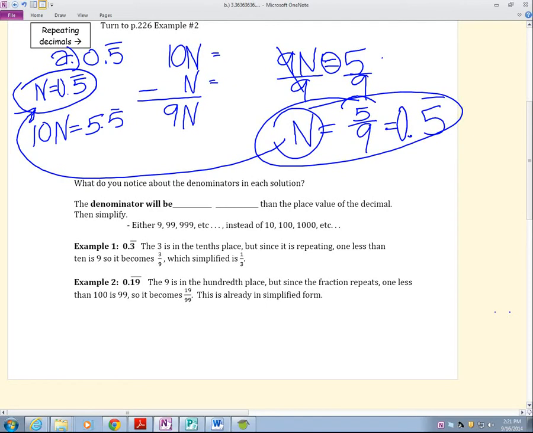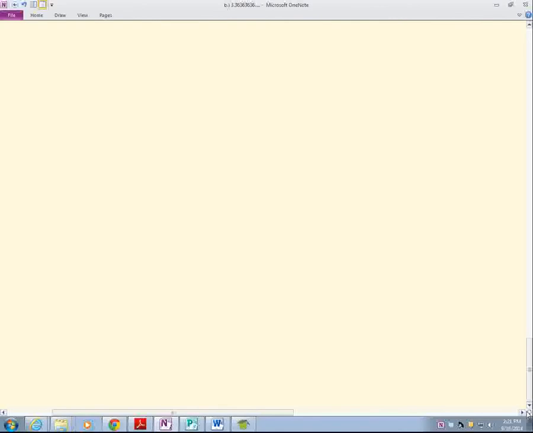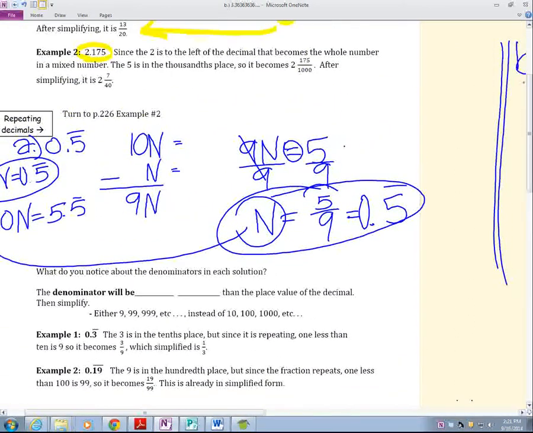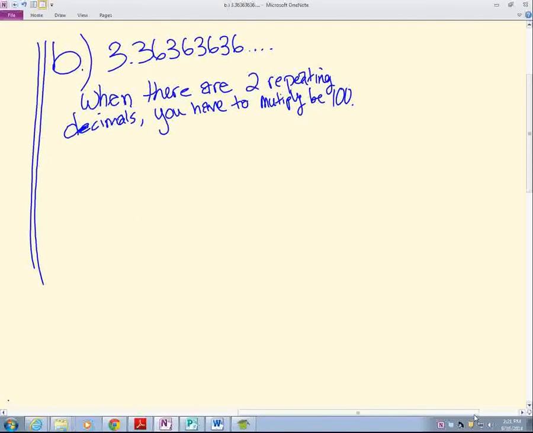So, that one was easy. Let's do a harder one. B is 3.36363636363636, or if I wanted to rewrite it, 3.36 repeating.